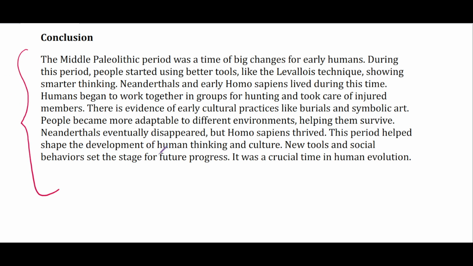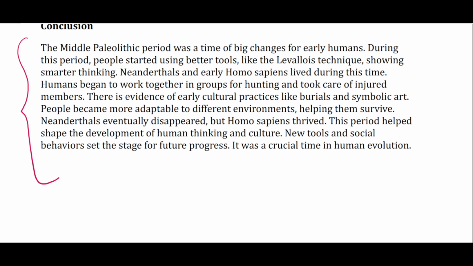Now, finally, the conclusion. So the Middle Paleolithic period was a time of big change for early humans, and some common themes have come to the fore: Levallois technique, smarter thinking, symbolic thinking, and this was also a time of interaction between Neanderthals and Homo sapiens.